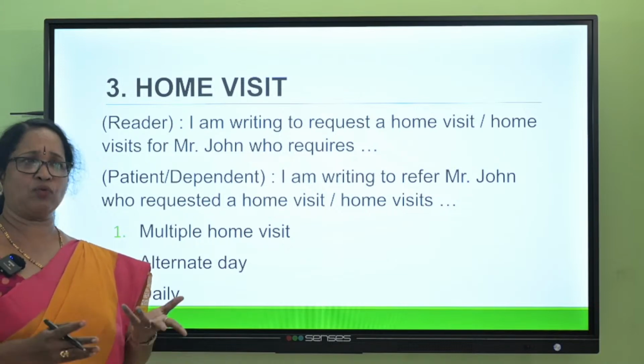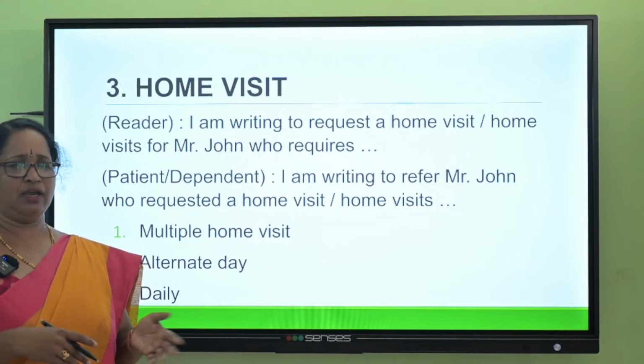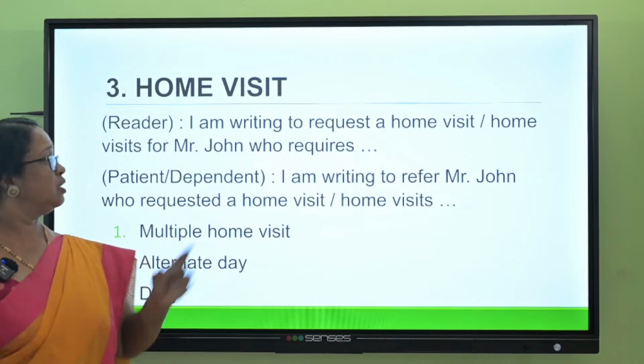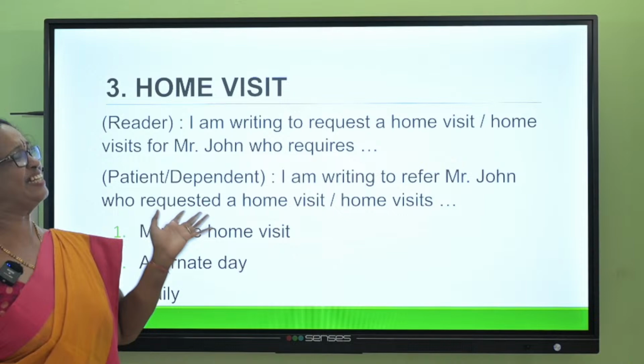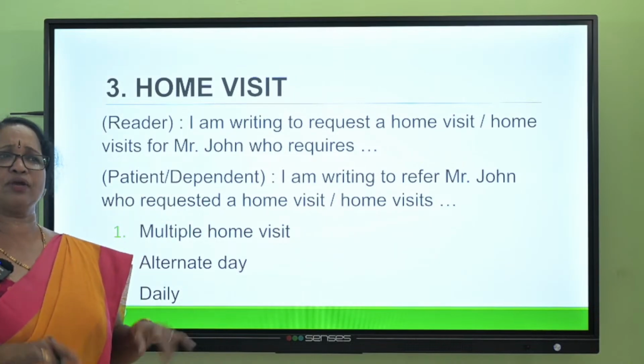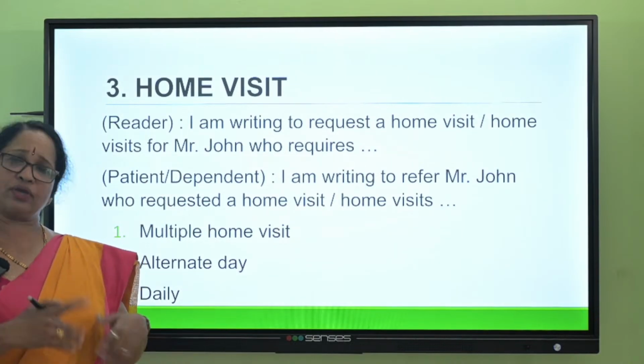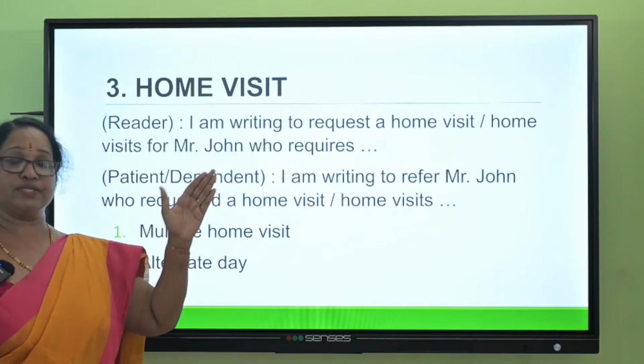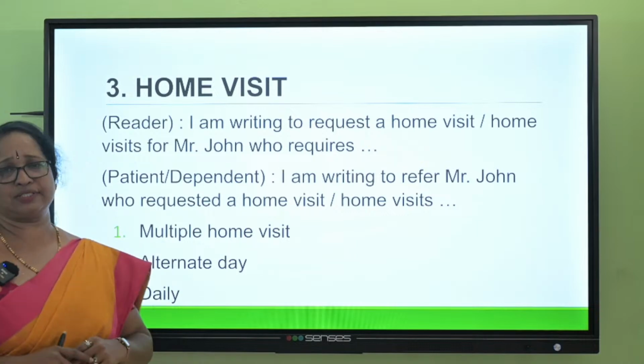Otherwise, you can write daily home visits. If the writing task mentions daily, you write "I am writing to request daily home visits," or if it is alternate days, "I am writing to request alternate day home visits." That depends on the task.